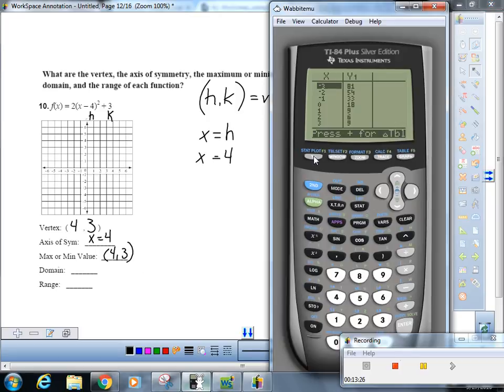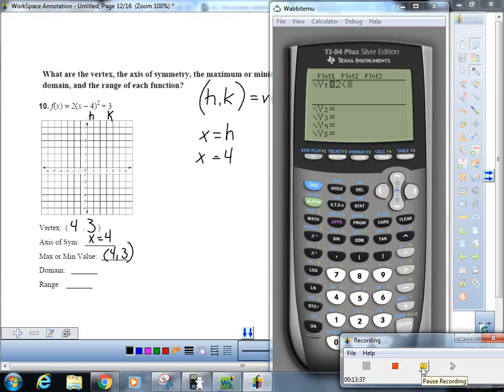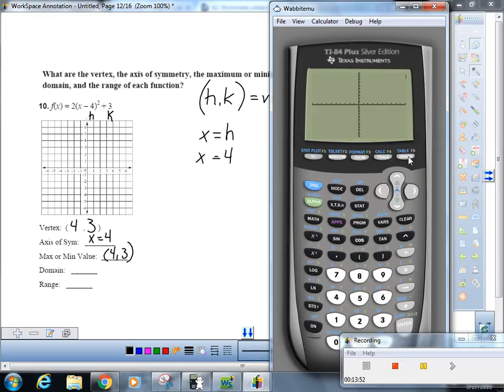So once again, we have y equals 2 times, let's see, it's x minus 4, close them, square it, plus 3. All right, let's graph that bad boy.